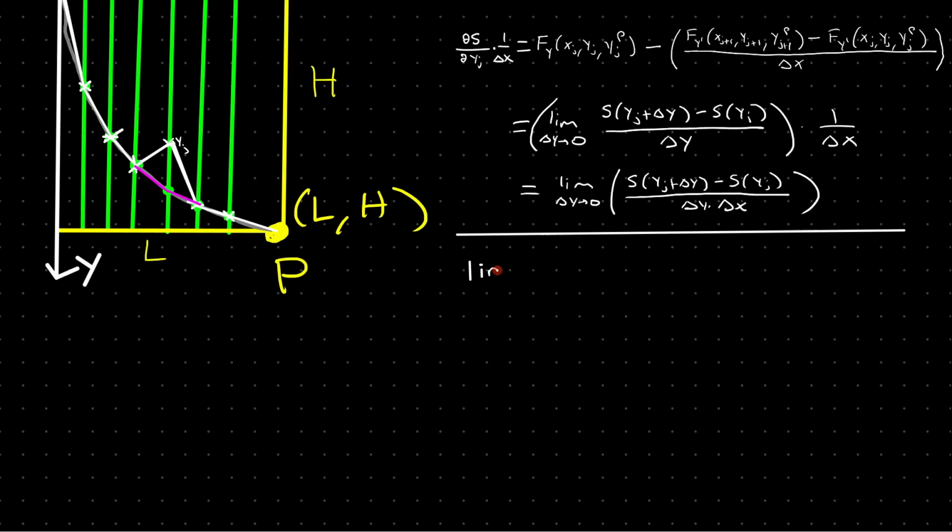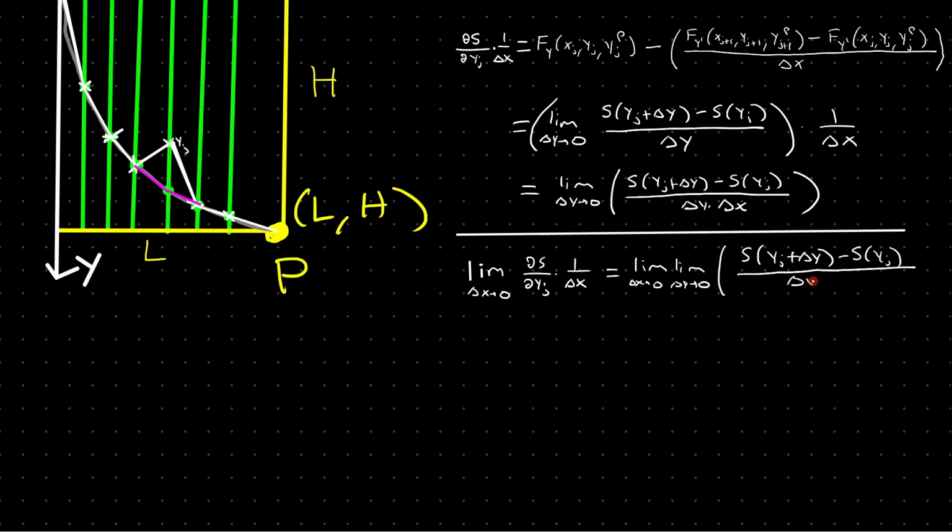So we took the limit as delta x went to 0 of this partial s partial yj times 1 over delta x, which from this expression right here is the same thing as the limit as delta x goes to 0 of the limit as delta y goes to 0 of s of yj plus delta y minus s of yj over delta y times delta x.